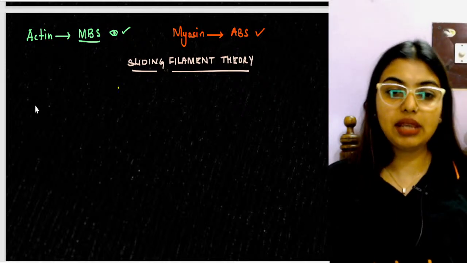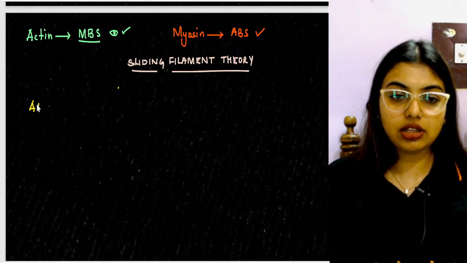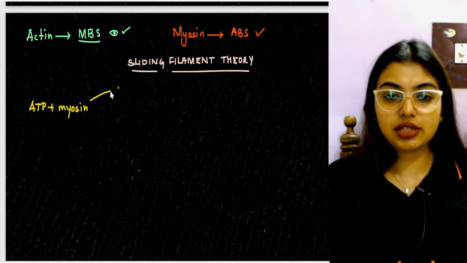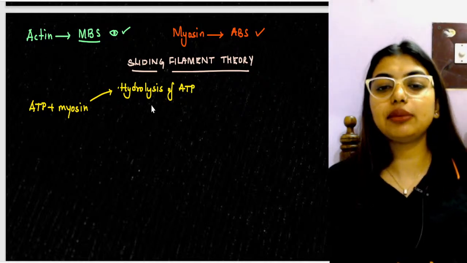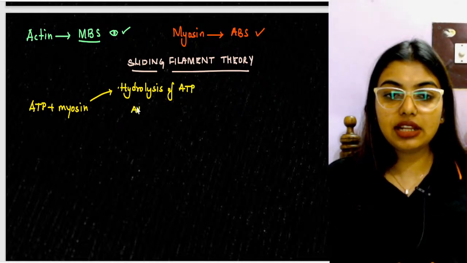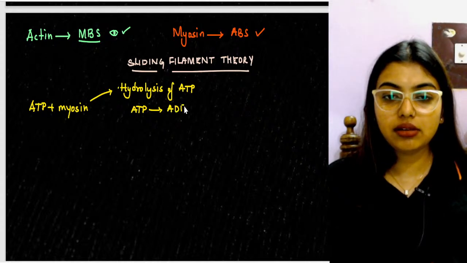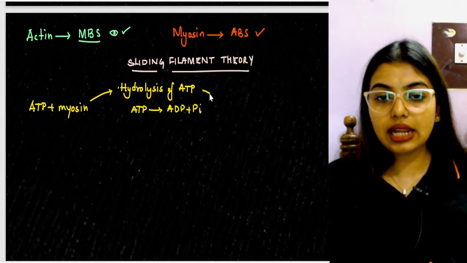First thing is ATP will come and bind on the myosin head. So ATP plus myosin. Next step is hydrolysis of ATP. Hydrolysis of ATP means ATP will get broken down to ADP plus Pi.